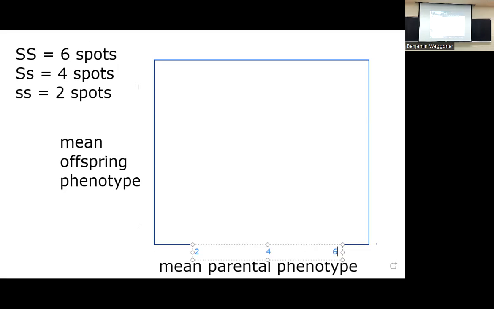And here we'll do the same. We'll graph. Okay, close enough.